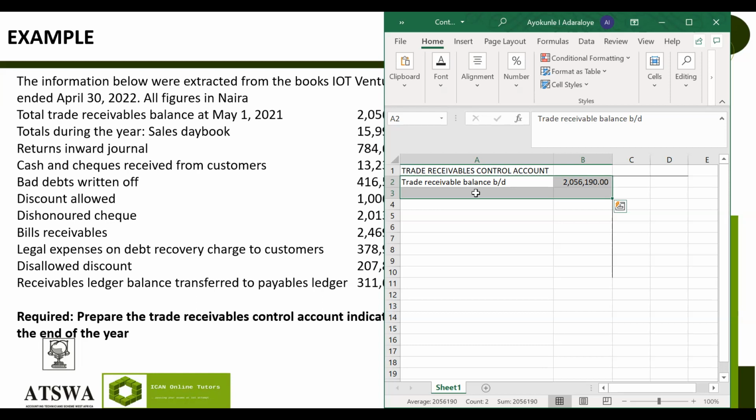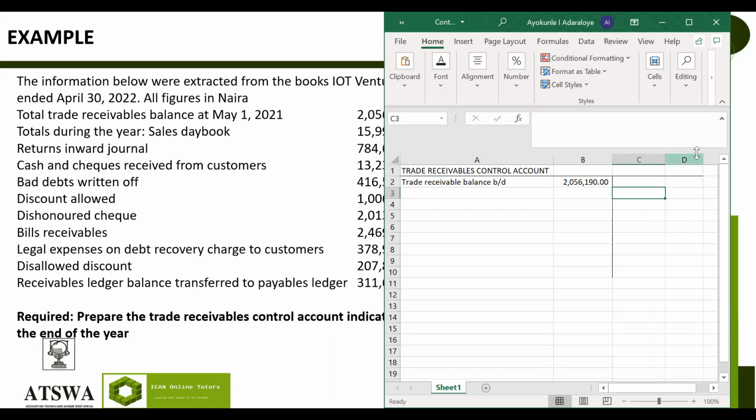So tell me, totals during the year, sales day book, your total credit sales during the year. Will it go to the debit side or to the credit side? It will go to the debit side. Yes. Anything that increases our receivables.